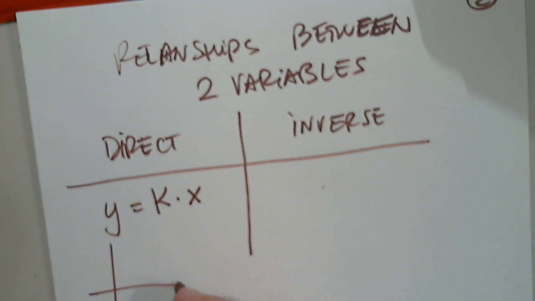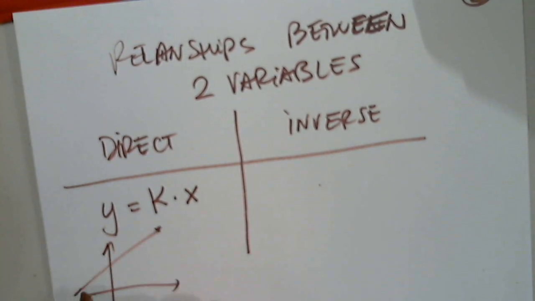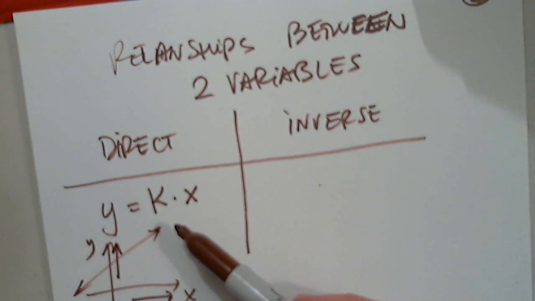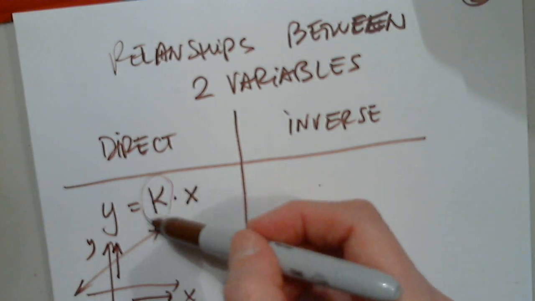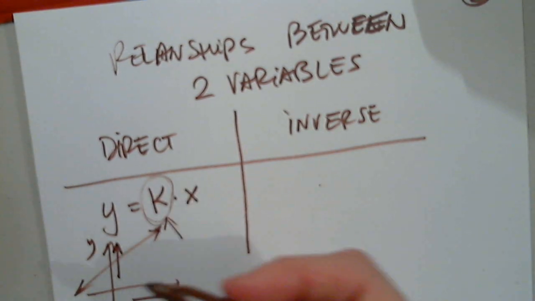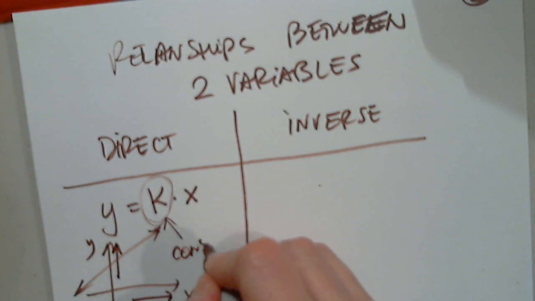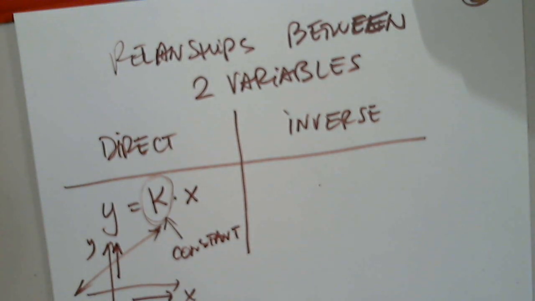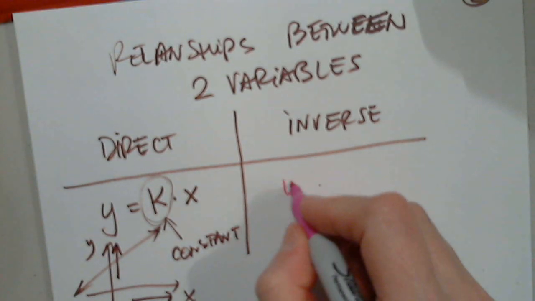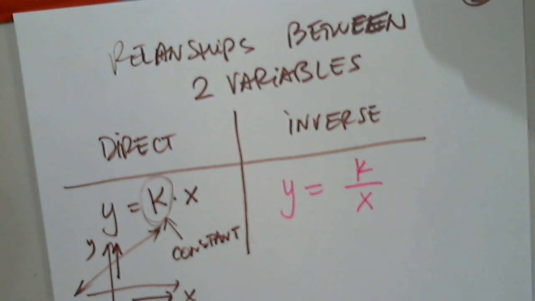So here's a direct. As x increases, y increases. Okay, so that's direct. K is a constant. We call it constant of proportionality. Okay, what about the other one? Inverse. The inverse is y equals k over x. And how will this look like?